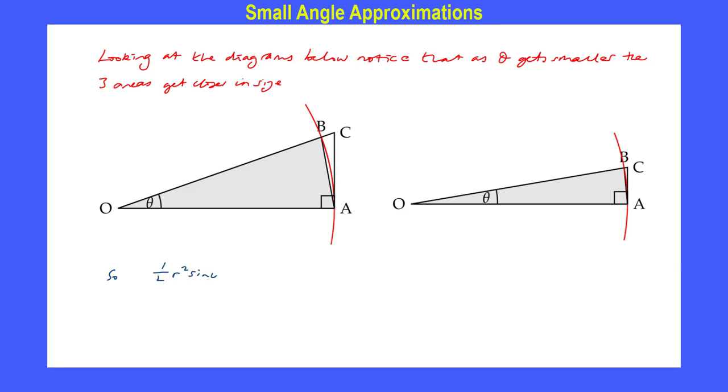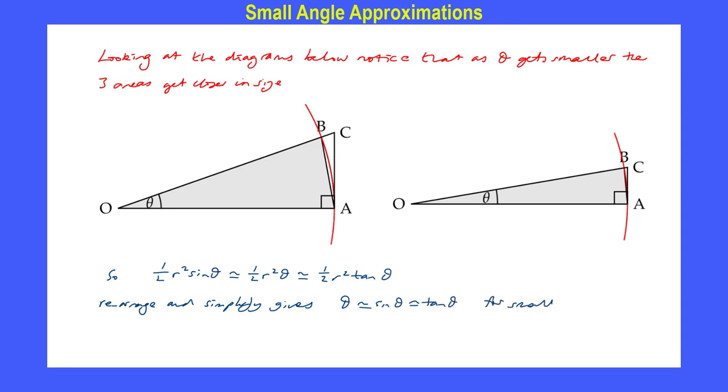So that means we can say that the areas are approximately equal to each other. Simplifying that expression and rearranging it, we end up with the result that theta is approximately the same as sine theta, and it's approximately the same as tan theta. That is our first small angle approximation.